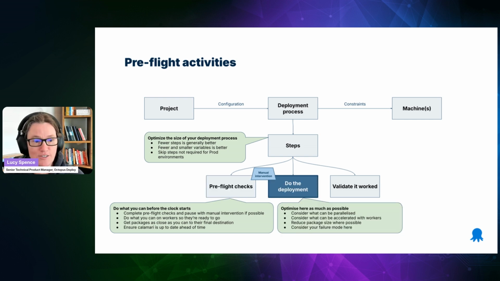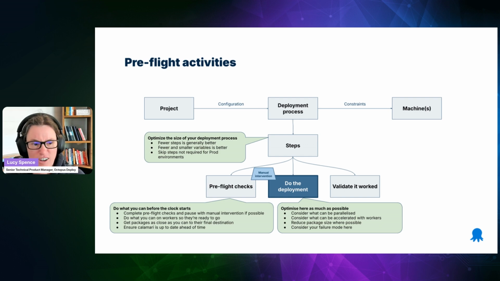Then we get to actually do the fun deployment stuff. This is where you consider what you can do in parallel. We've talked about this. What can you accelerate with workers? How much stuff can you get done in advance or outside of the actual work that you need to do on the devices?